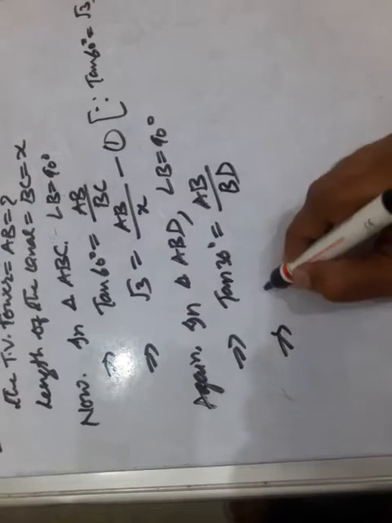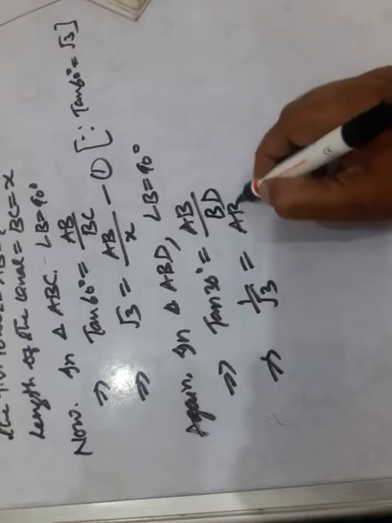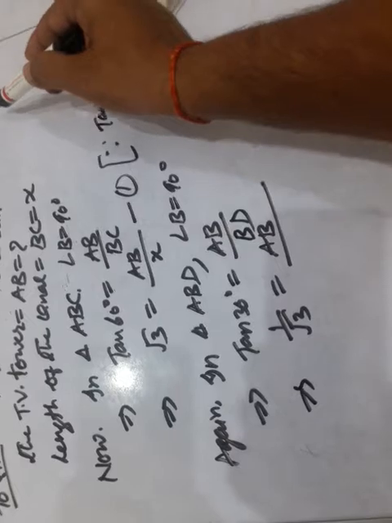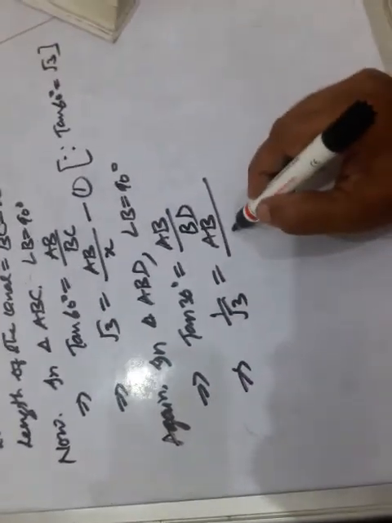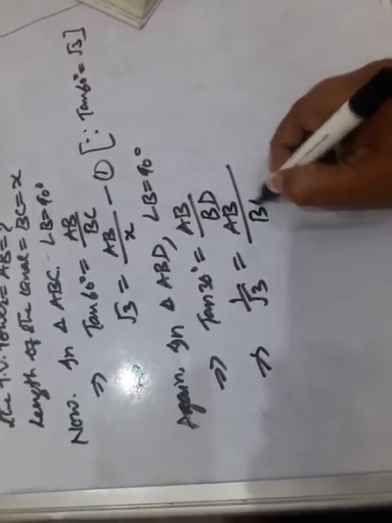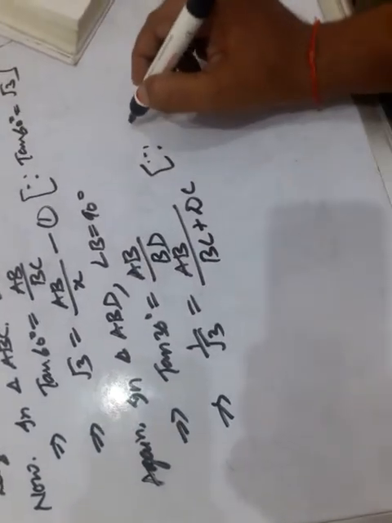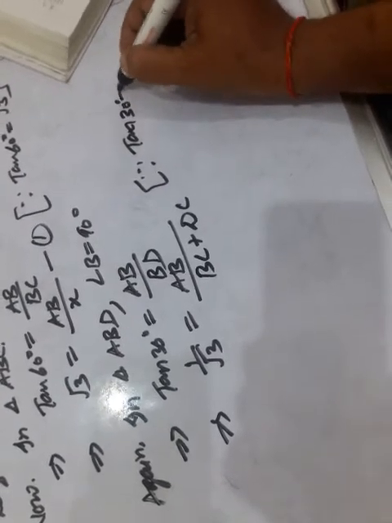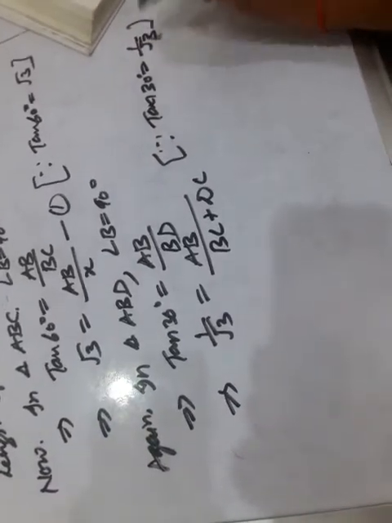This implies tan 30 equal to 1 upon root 3 equal to AB upon BD, where BD is BC plus DC. So BD equal to BC plus DC, since tan 30 equal to 1 upon root 3.